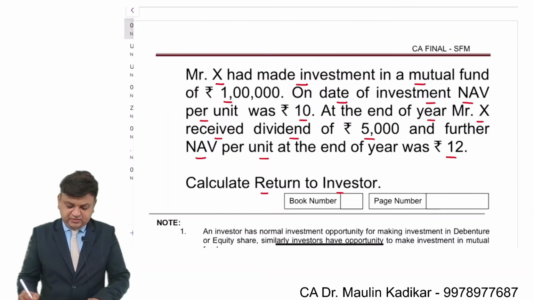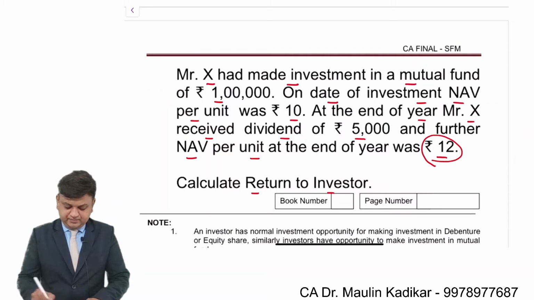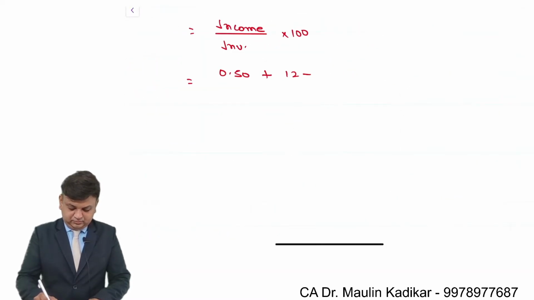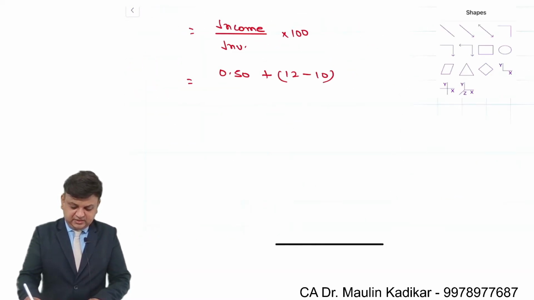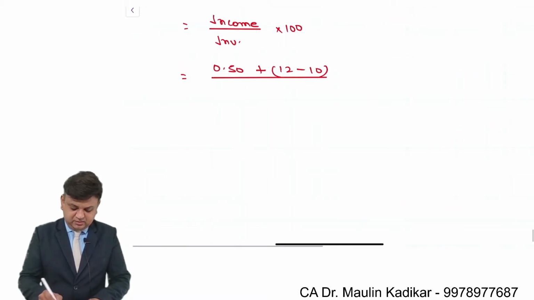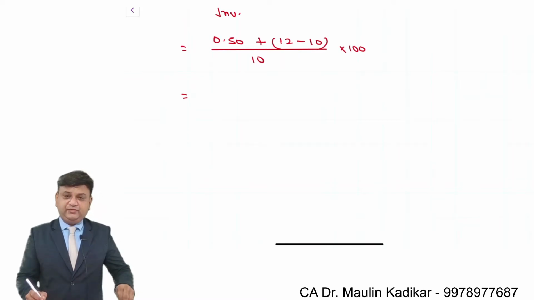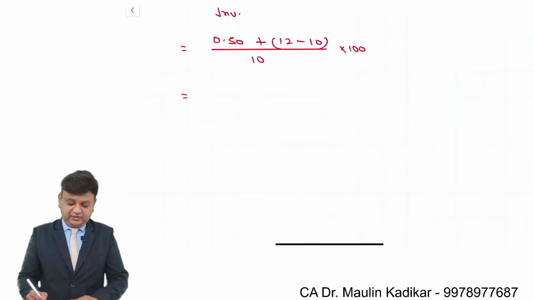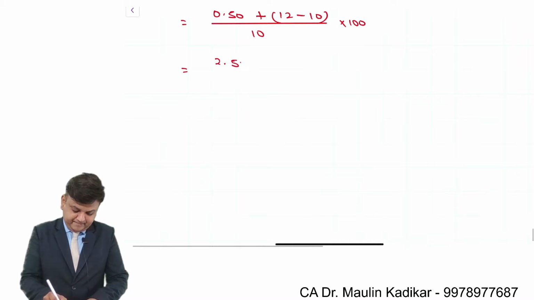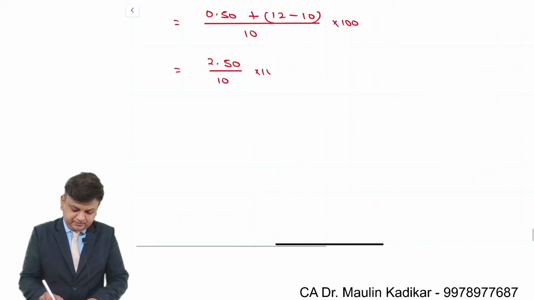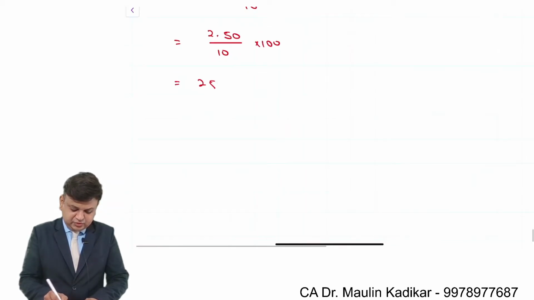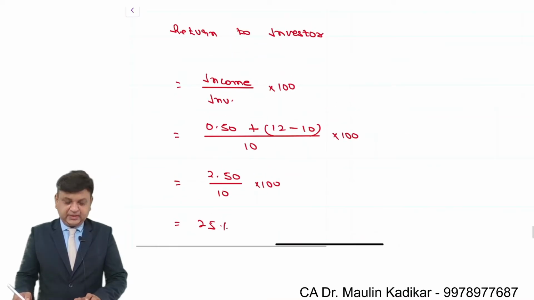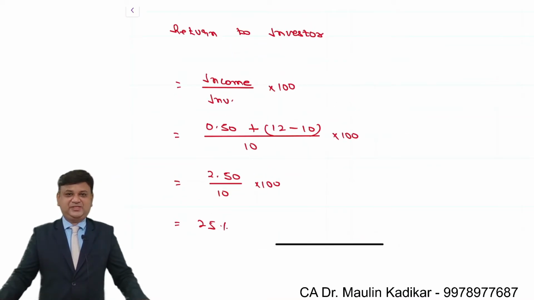That is net asset value at the end of the year, 12. NAV0 is 10. So minus 10, upon 10, into 100. So it is 50 paise plus 2 rupees. So 2 rupees 50 paise upon 10 into 100. So the final answer comes to 25%. That is the way we can compute the return to the investor.